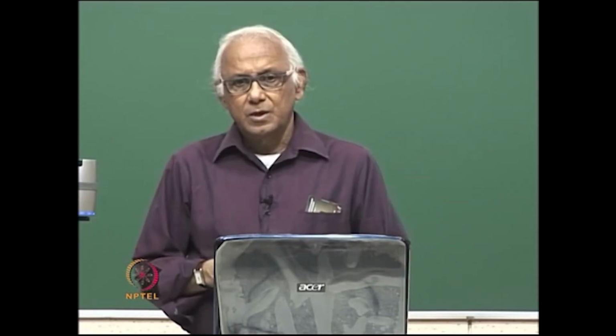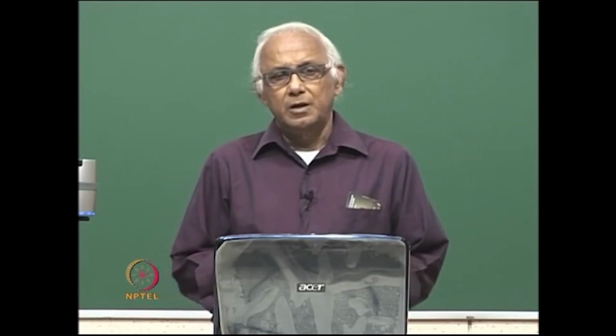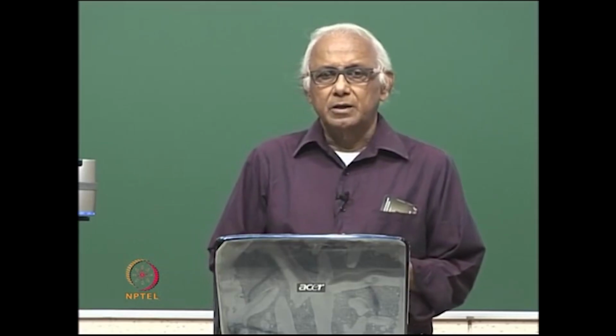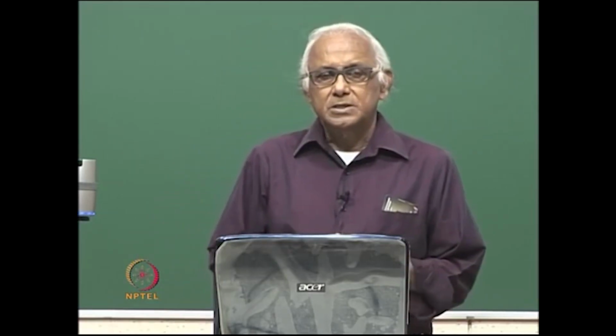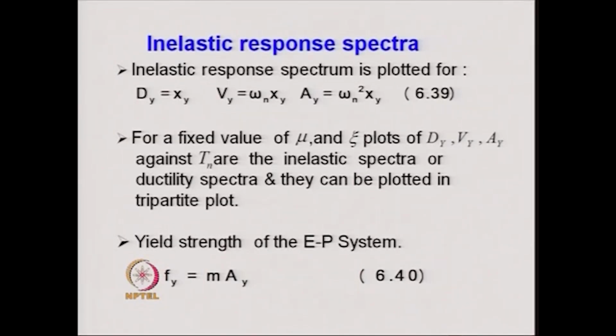Then also we had seen that it is not easy to find out a value of f bar y for a given value of the ductility factor mu. f bar y is equal to f y by f 0, and this is equal to the inverse of the reduction factor.